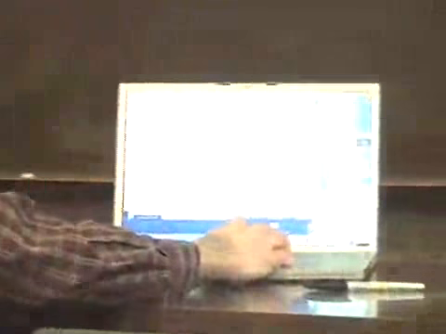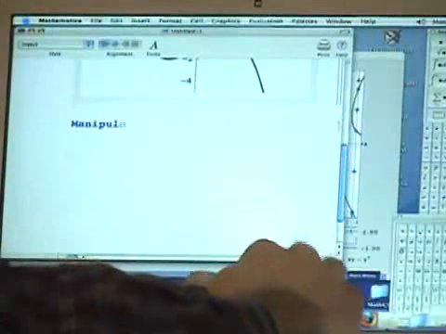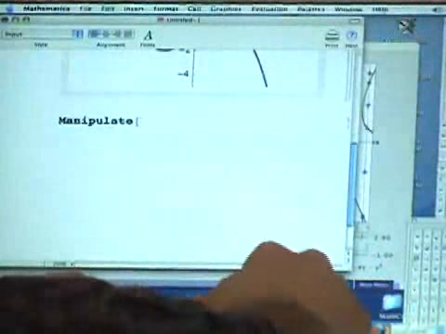Last thing I want to show you here is a little animation that's kind of fun. Bifurcation problems can get very, very complicated. Let's imagine one that might be very complicated.